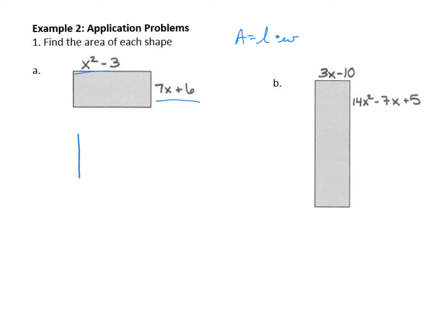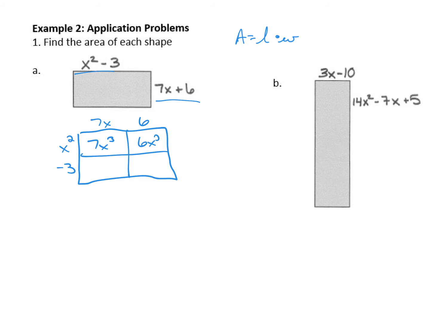Let's just take a look at the box method since that's what we've been practicing. So if we start over here with x squared minus 3, 7x, and 6, when we multiply these out, we'll end up with 7x cubed, 6x squared, negative 21x, negative 18.